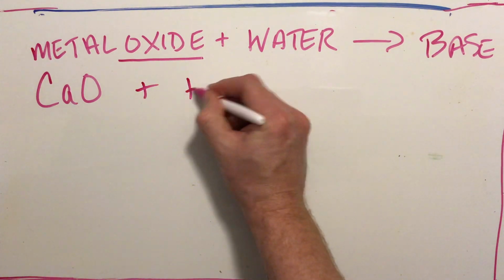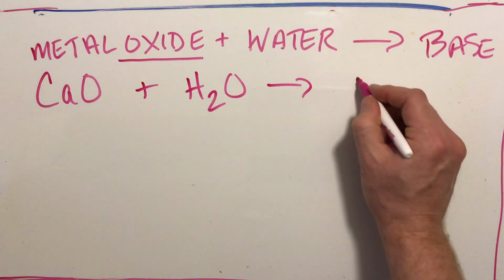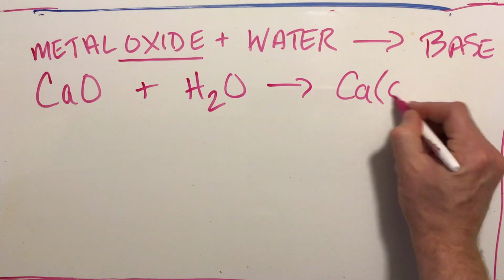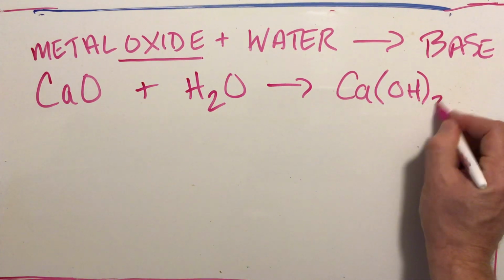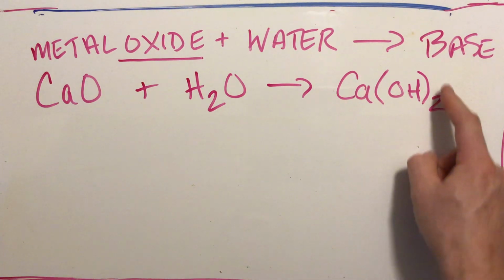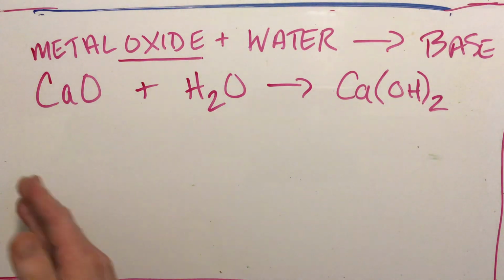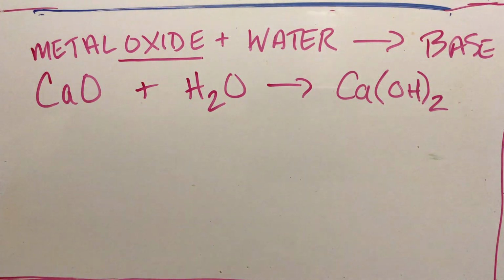We'll add water to that, and that's going to give us calcium hydroxide. Right? Calcium's a 2, it comes down here. Hydroxide would be a 1, it goes here, we don't show 1s. So there's our skeleton equation.